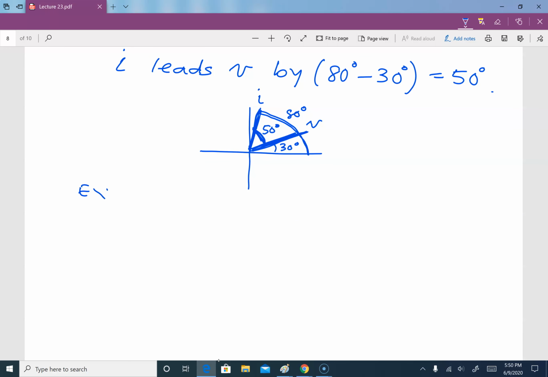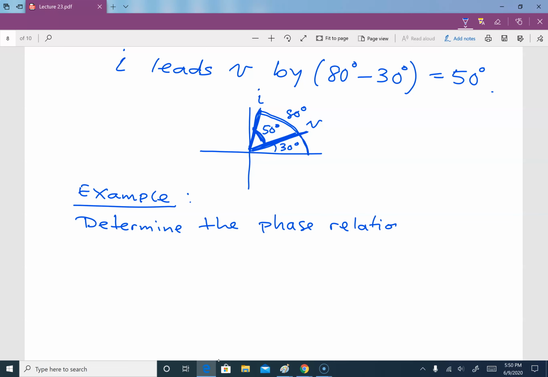What about this example here? Suppose that you have to determine the phase relationship between the following set.